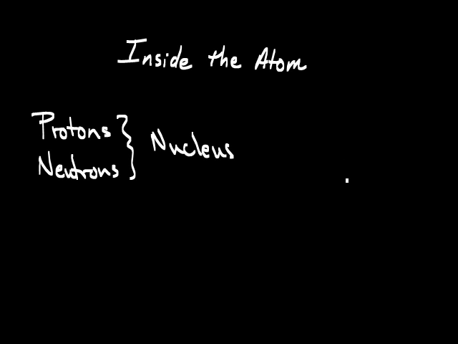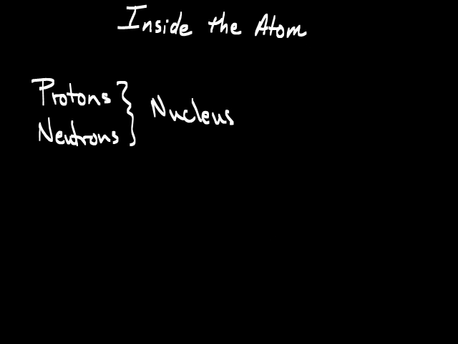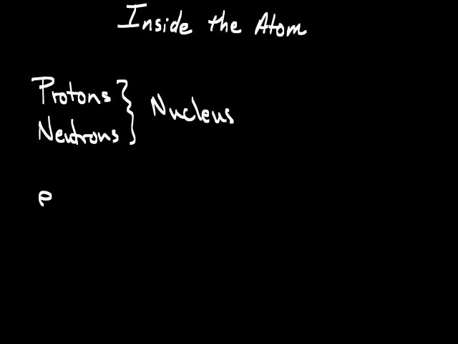The nucleus is the very center of the atom, and the electrons are in what's called a probability cloud outside of the area of the nucleus.